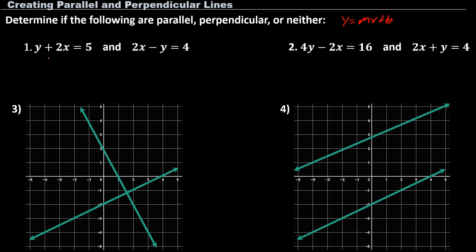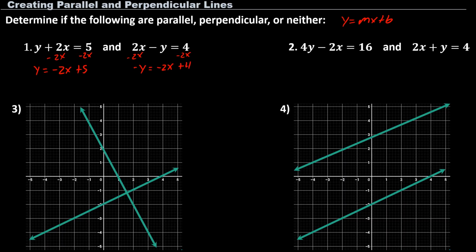So in the first equation, we're going to subtract 2x to the other side, and that gives us y equals negative 2x plus 5, which is in the correct form. Then if we look at the second problem, we are also going to subtract 2x to the other side. So that gives us negative y is equal to negative 2x plus 4. But y is still not by itself.